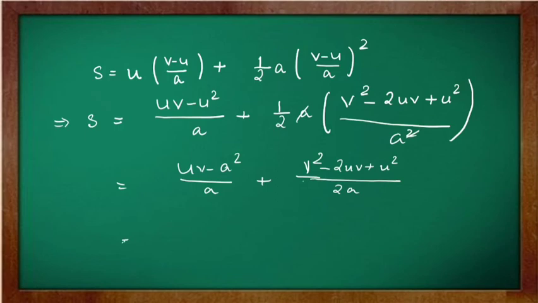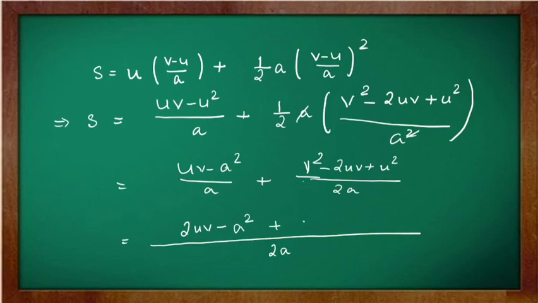So now the LCM will be taken. The LCM you will get is twice a. 2 you have to multiply it here. You will get 2uv minus 2u square, because you are multiplying by 2, plus v square minus 2uv plus u square.